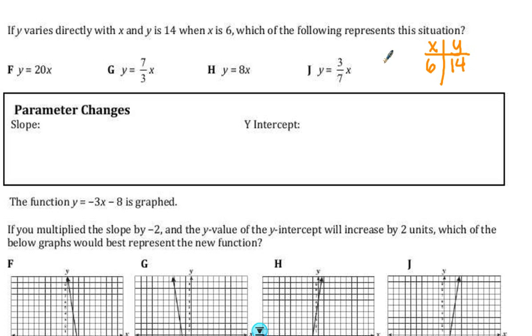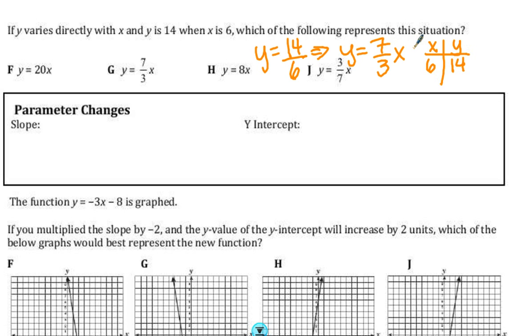So let's say I have y equals 14, my y value over my x value, which is 6. Does that reduce at all? And yes, it does. It reduces to 7/3, so I would have y equals 7/3 x.